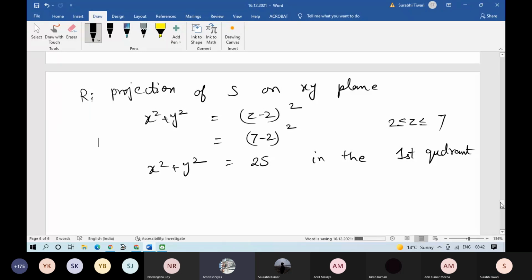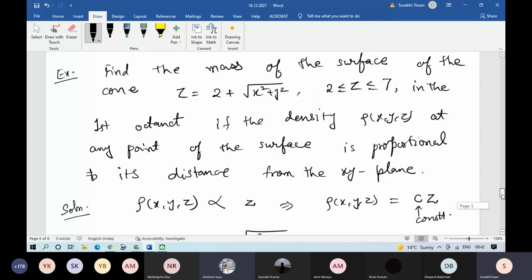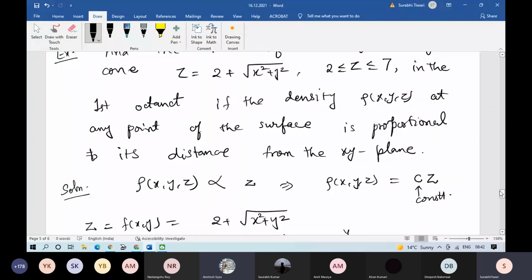मैम, इसको रिपीट कर दे एक बार. जो सरफेस दी हुई है, सरफेस क्या है? z is equal to 2 plus under root of x square plus y square, and z varies from 2 to 7. Now you have to take the projection of this surface on the xy plane. xy प्लेन पे जब projection लोगे, z वैरी कर रहा है 2 से 7 तक, तो प्रोजेक्शन क्या आएगा?